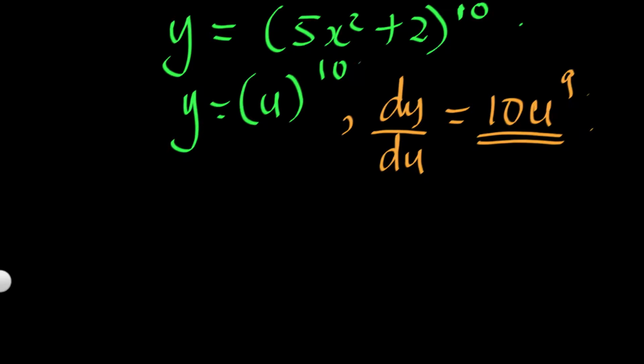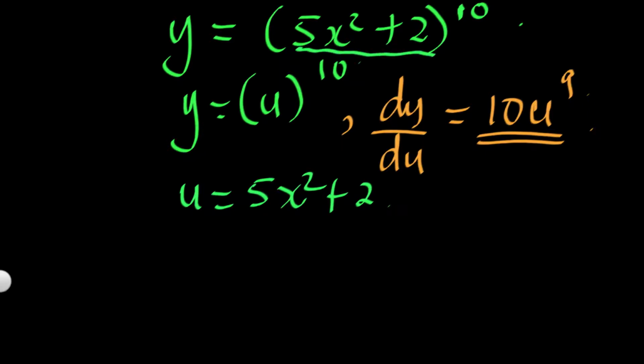Then I also have to find du/dx. Remember, u is a function of x. Our u is 5x squared plus 2. This part in the bracket is our u.